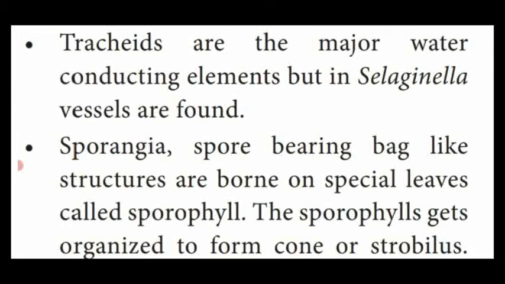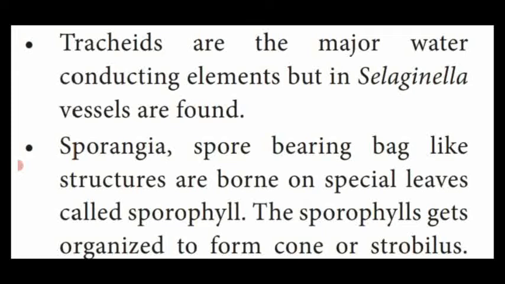Tracheids are the major water conducting elements, but in Selaginella vessels are found. Dear students, vascular tissue such as xylem and phloem. The xylem is made up of 4 components. Phloem is also made up of 4 components.